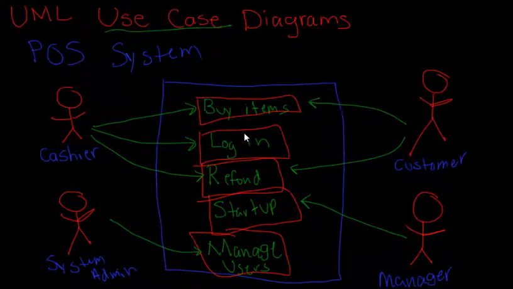Now let's take this buy items use case. We have this initial buy items use case. We can take one of those use cases, and let's just say that this use case was buy items.